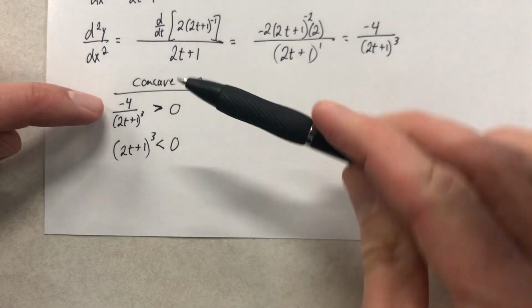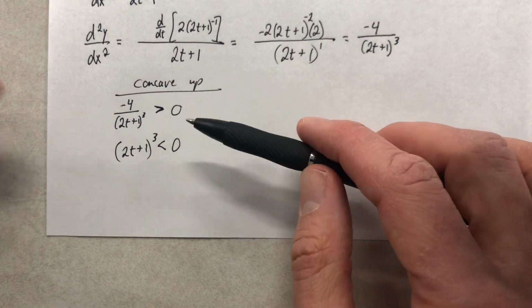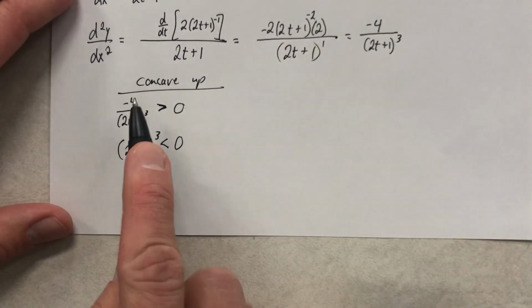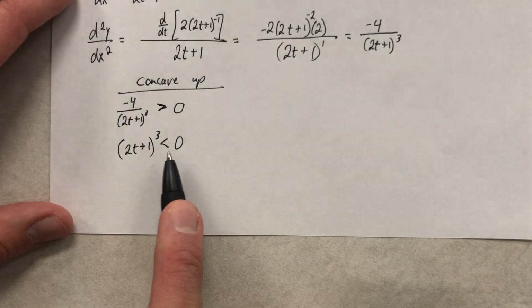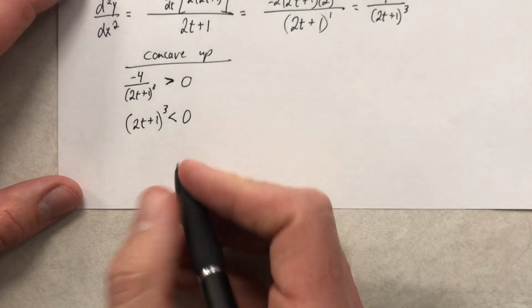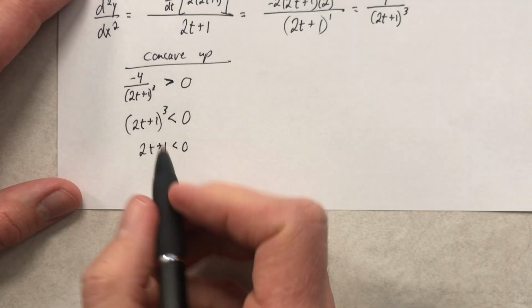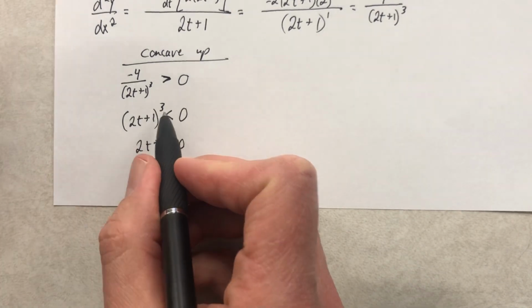Now, if you're wondering how I went from here to here, I didn't use any solving. I just used logic. I need this whole fraction to be positive, so the denominator had better be negative. Let's keep solving. If 2t plus 1 is less than 0, because we're raising it to the third, a negative input to the third is still negative.